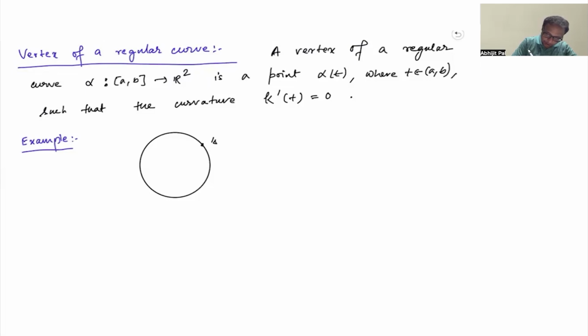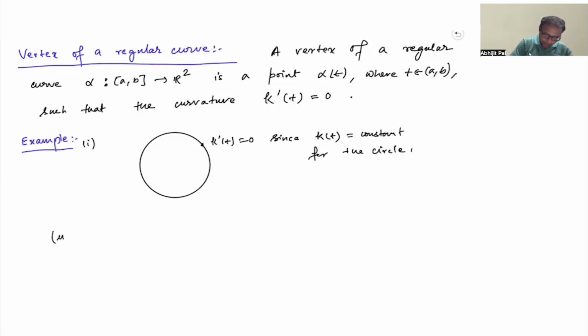So k prime t here is equal to 0, since k t is constant for circles. This is example 1.